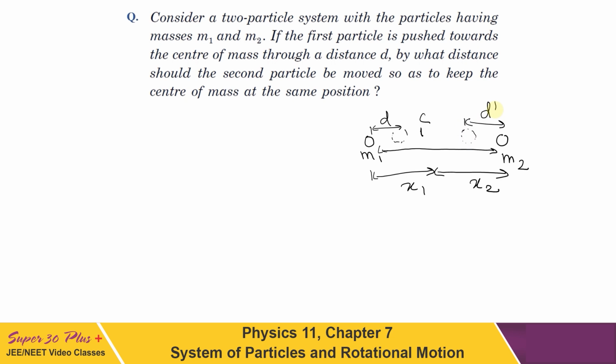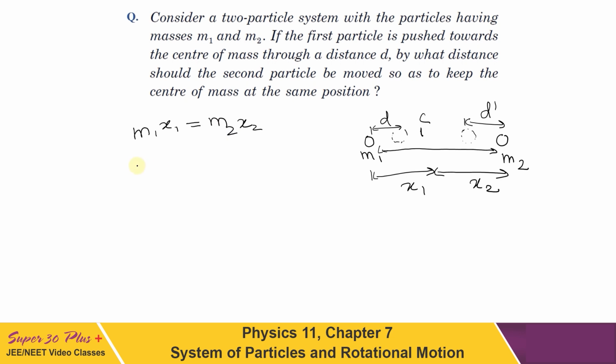Now we have to write the position of the center of mass to be the same. So of course we will write m1 x1 to be equal to m2 x2, then only the center of mass will remain at the same position, because the product of mass and displacement of the first particle should cancel out the product of mass and displacement of the second particle.